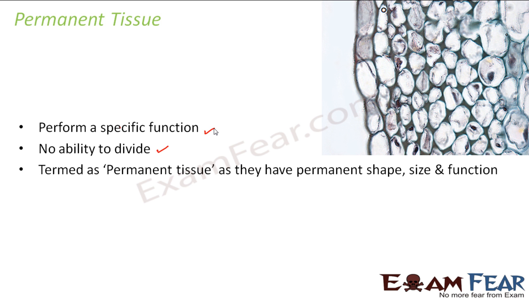When we talk of meristematic tissue, their main function is growth because they divide. But in case of permanent tissue, they cannot divide, so they cannot help the plant in its growth, but they have got a specific function to perform.